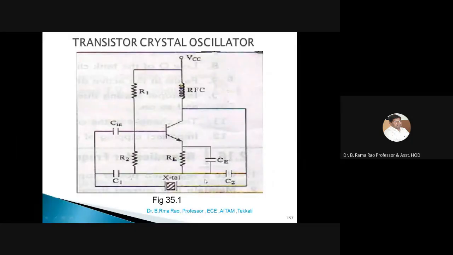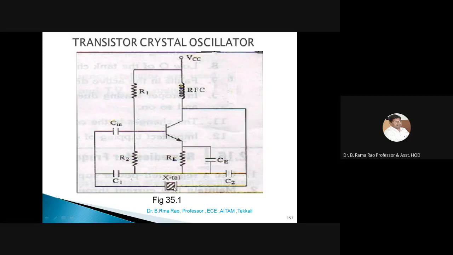Then the other circuit is the tank circuit. If you look at the tank circuit, it is similar to the Colpitts oscillator. In the Colpitts oscillator, we took Z1 as C1, Z2 as C2, and Z3 as L. Instead of L, we have replaced the element with a quartz crystal.